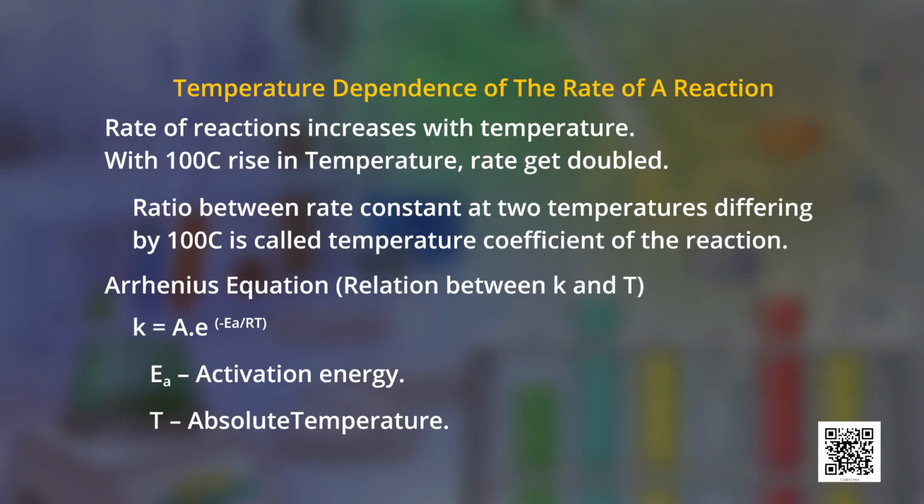The dependence of the rate of a chemical reaction on temperature can be accurately explained by the Arrhenius equation.